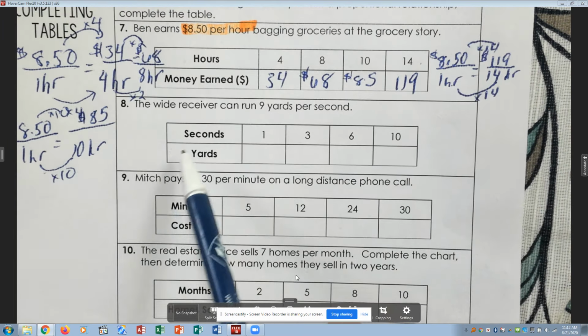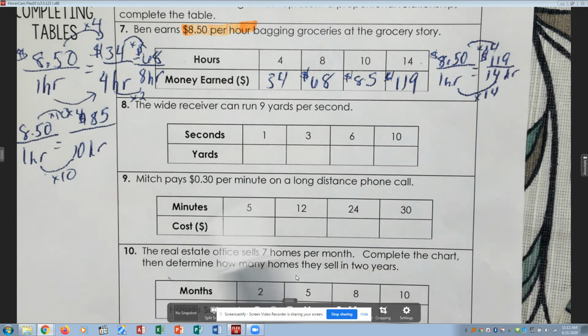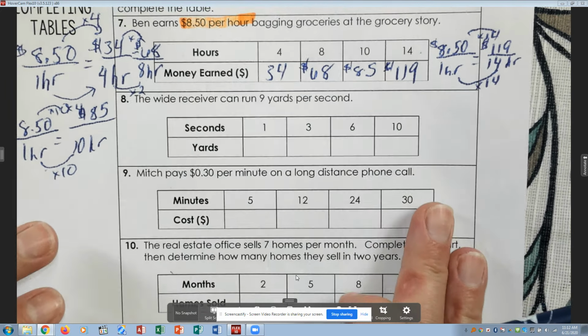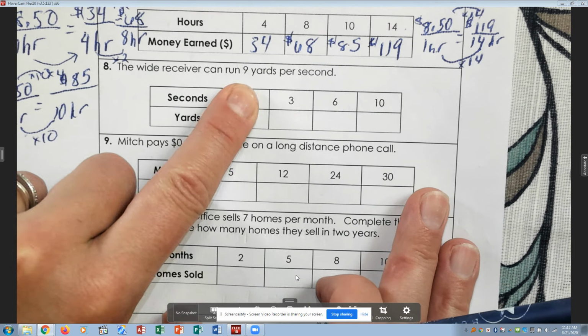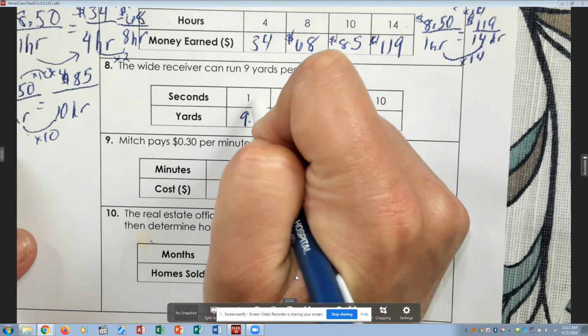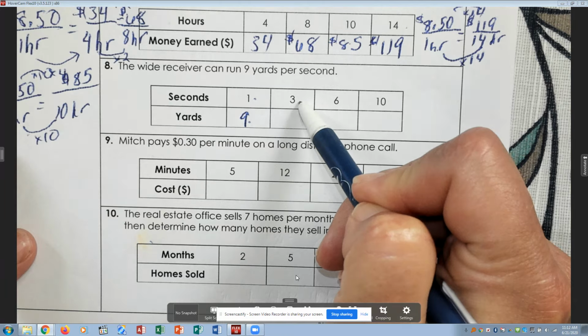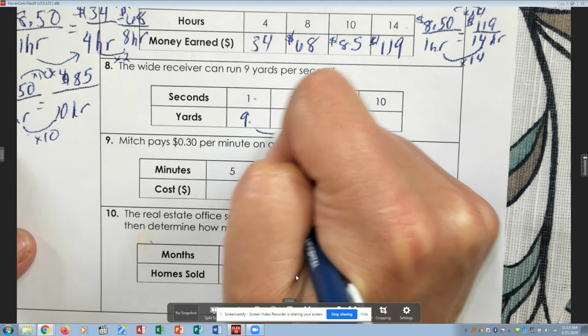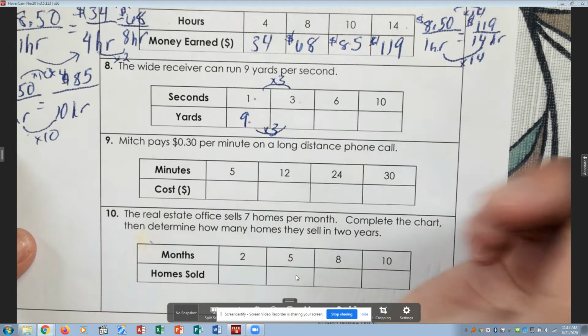I'm going to get you started on number 8, and then you guys are going to complete 8, 9, and 10. Okay? So the wide receiver can run 9 yards per second. If he goes 9 yards in 1 second, how many yards will he go in 3 seconds? I know that I'd multiply this by 3, and this by 3.